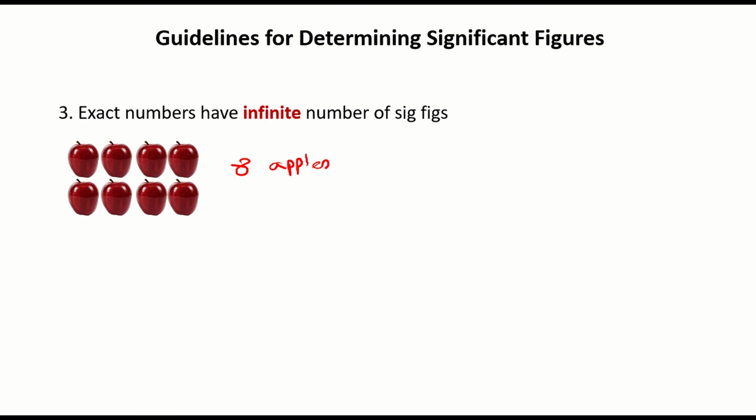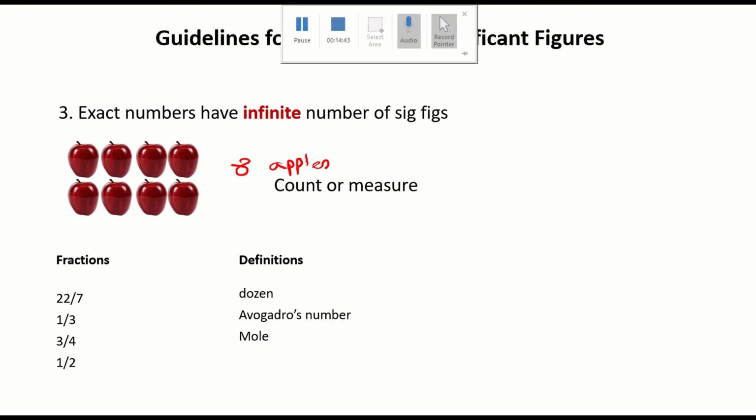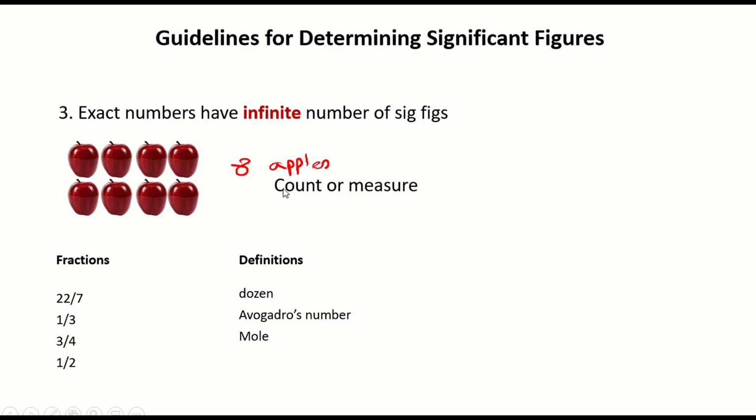Now, when we are working with numbers, you have to pay attention to what you are reading and what you are seeing. In this example, did you count or measure? You counted.